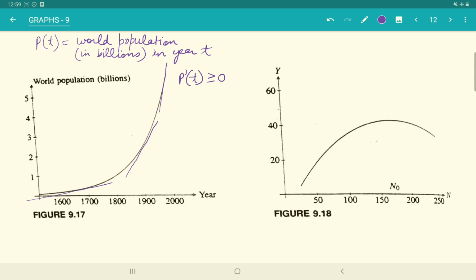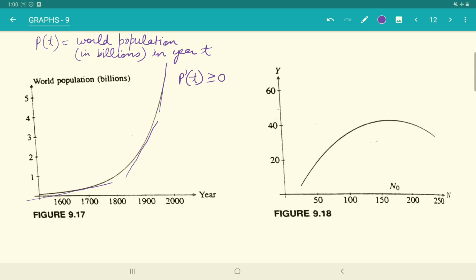And that just means that if we take the derivative of p prime t, that derivative is greater than or equal to 0, because of two points. One, we see that the rate of increase itself is increasing.